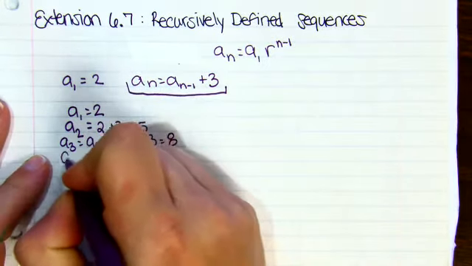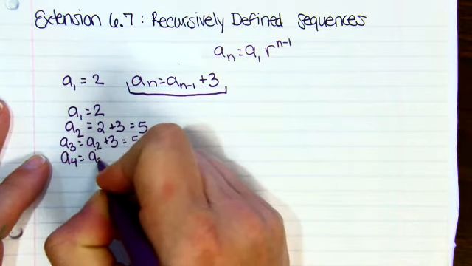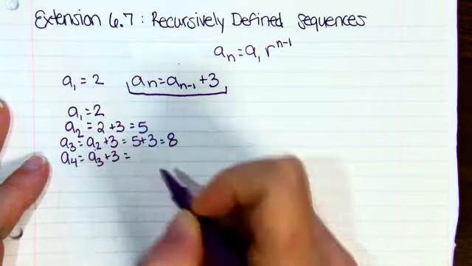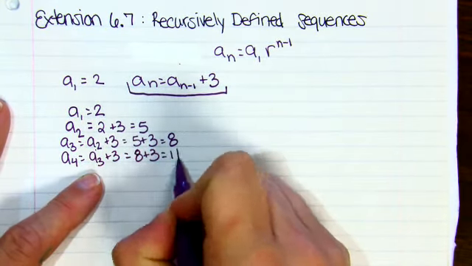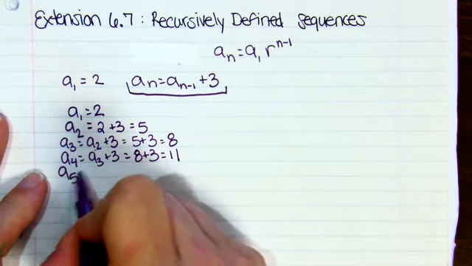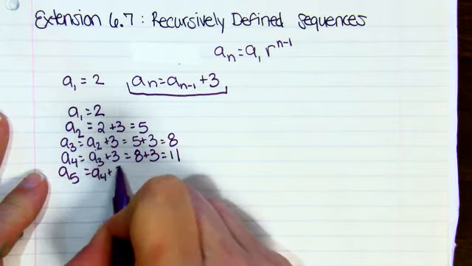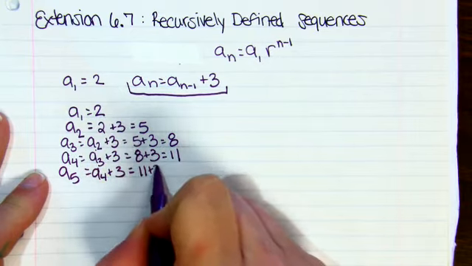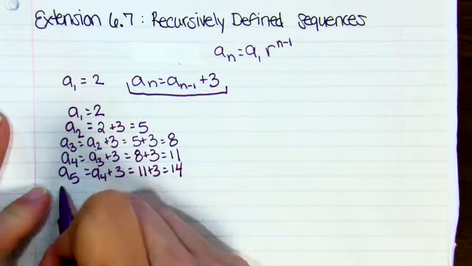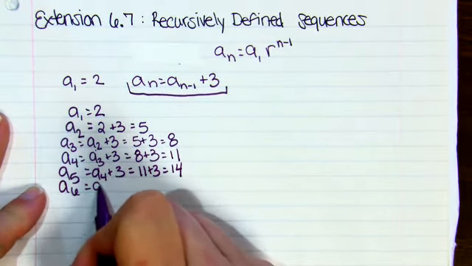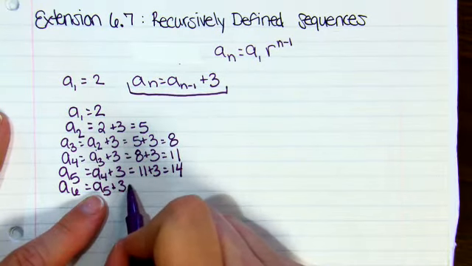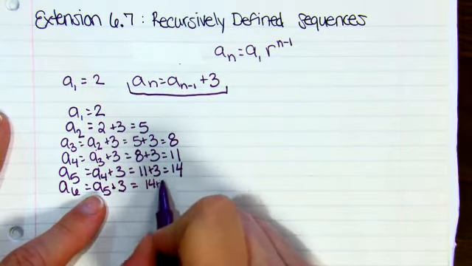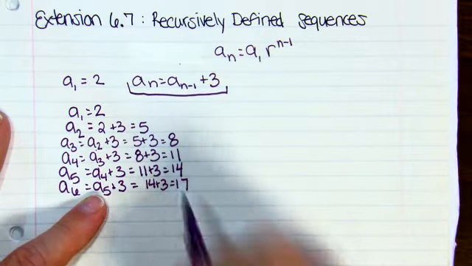To find my fourth term, I take my third term, 8, and add 3, and I get 11. To find my fifth term, you take the fourth: 11 plus 3 is 14, and I think you can see pretty clearly where this is going. To find the sixth term, you need the fifth. Add 3 to that, so 14 plus 3 gives us 17.